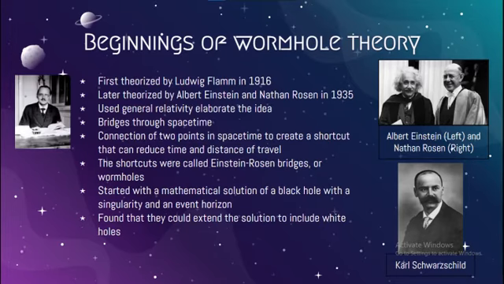The solution that was used was Schwarzschild's metric, created by Carl Schwarzschild in 1916. It basically describes the gravitational field outside of a spherical mass, given a few assumptions. This also resulted in people calling them Schwarzschild wormholes.